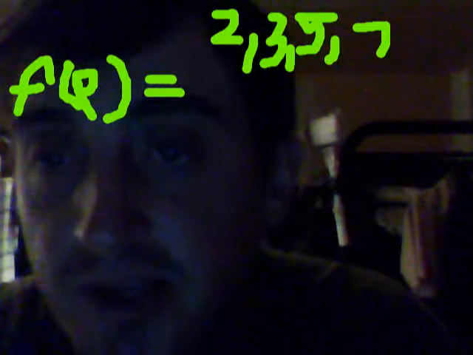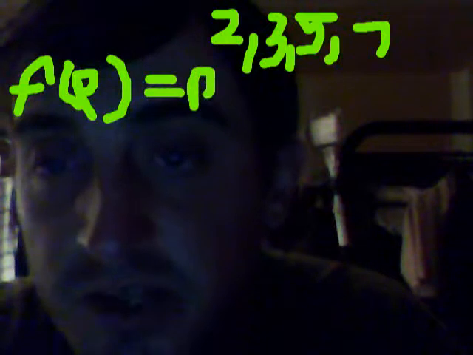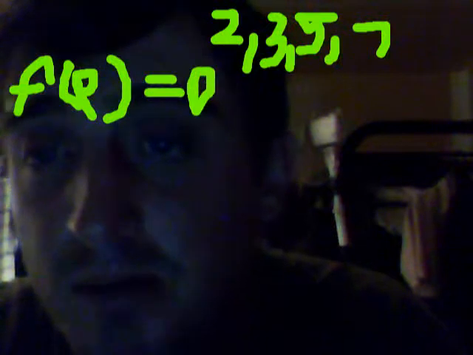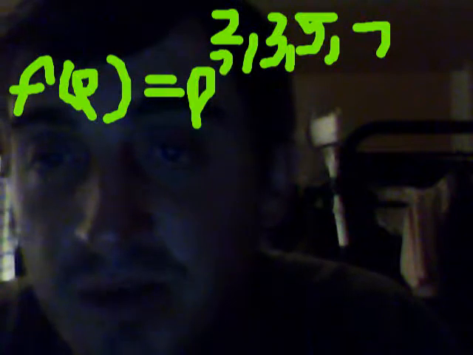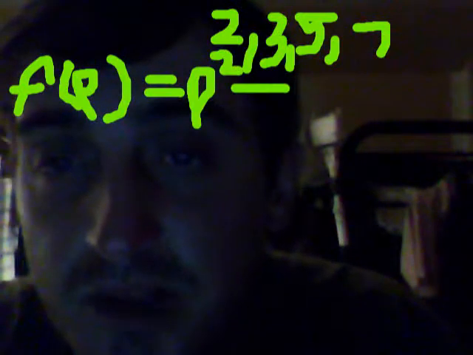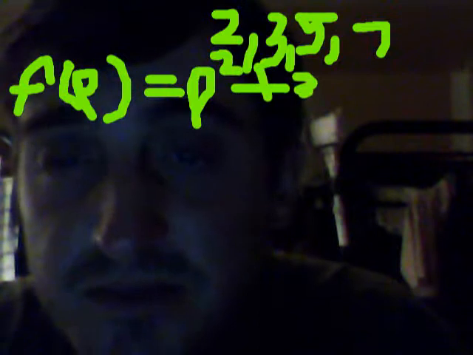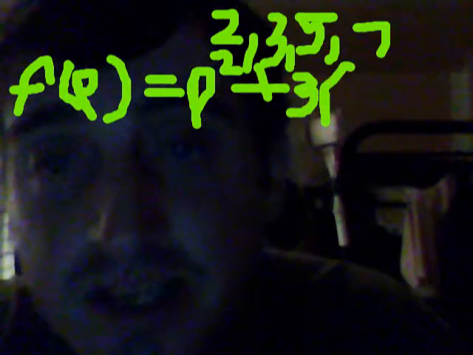So we have f of p equals, again, here's the formula, p squared plus 3p plus 1.